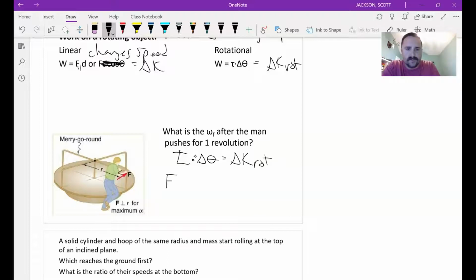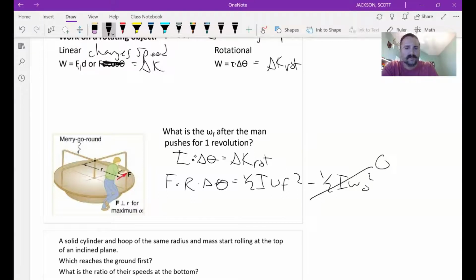So the man would be pushing, and he's definitely creating a torque, times the radius, times the change in theta, equals 1/2 I omega final squared minus 1/2 I omega initial squared. Okay, so then those are the information that you'd have to have. You'd have to know his force, the radius. 1 revolution we know is 2 pi radian, so you could plug that in there. And you'd have to know the moment of inertia for this problem to solve that. So that's one way you could go about doing it.